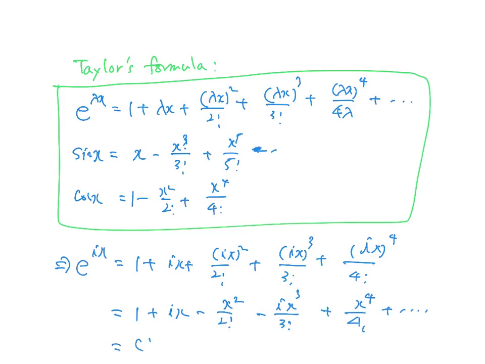So one can put it as 1 minus x squared over 2 factorial plus x to the fourth over 4 factorial, and put i as a common factor, x minus x cubed over 3 factorial. So if you expand exponential ix by Taylor series using this formula, then what is this? 1 minus x squared over 2 factorial and so on is cosine, right? This is sine.